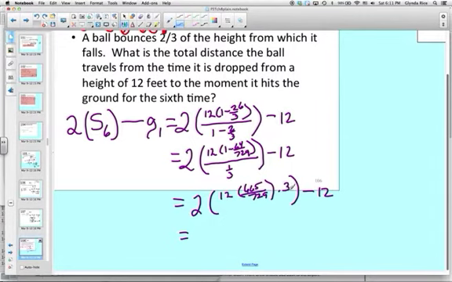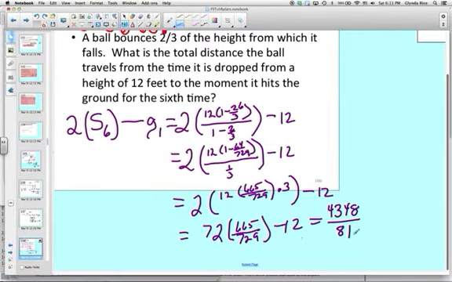Now we're multiplying here, so I can just start combining that. 12 times 3, well, let's do this. 2 times 12 is 24 times 3. 72, 2 times 12 times 3. 72 times 665 over 729 minus 12. That's 43,48 over 81.